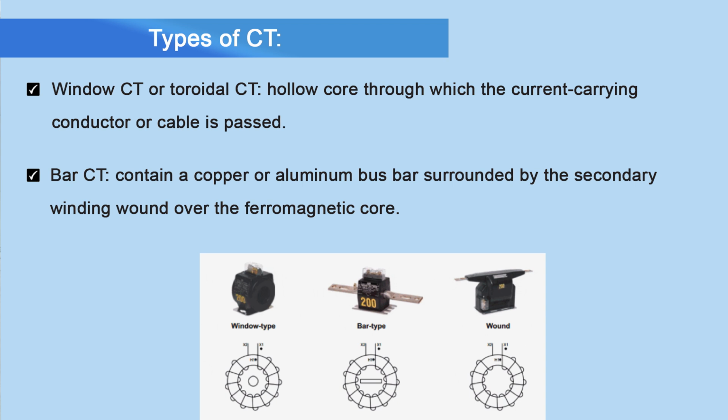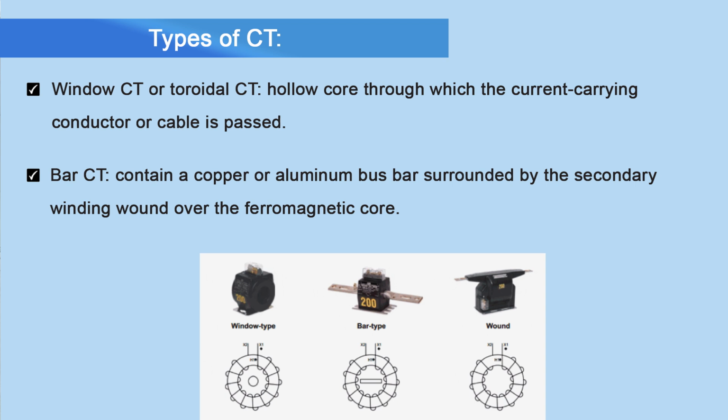Basically, this is a hollow core through which the current carrying conductor or cable is passed. It is a kind of ring or window size, so we pass the conductor through that hollow part, and the secondary winding is on that core. This is known as the window CT or toroidal CT.